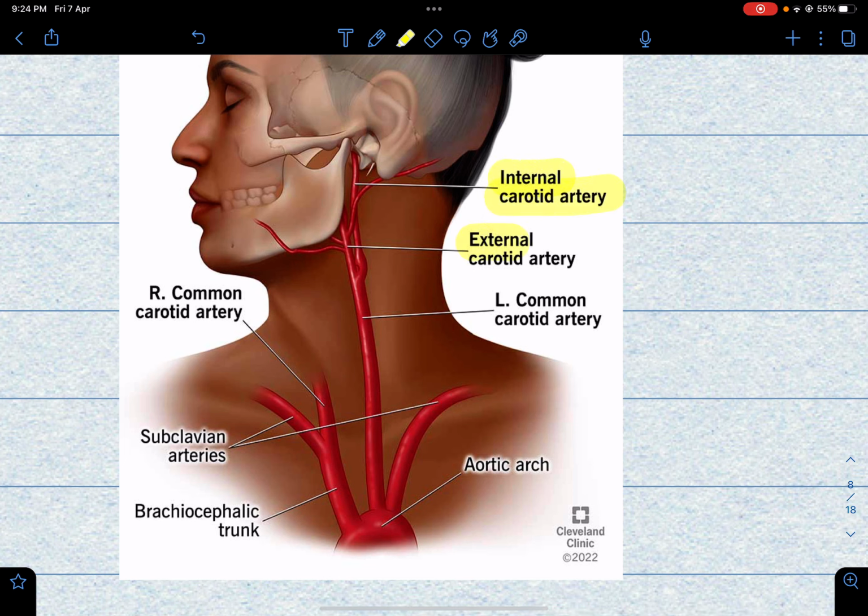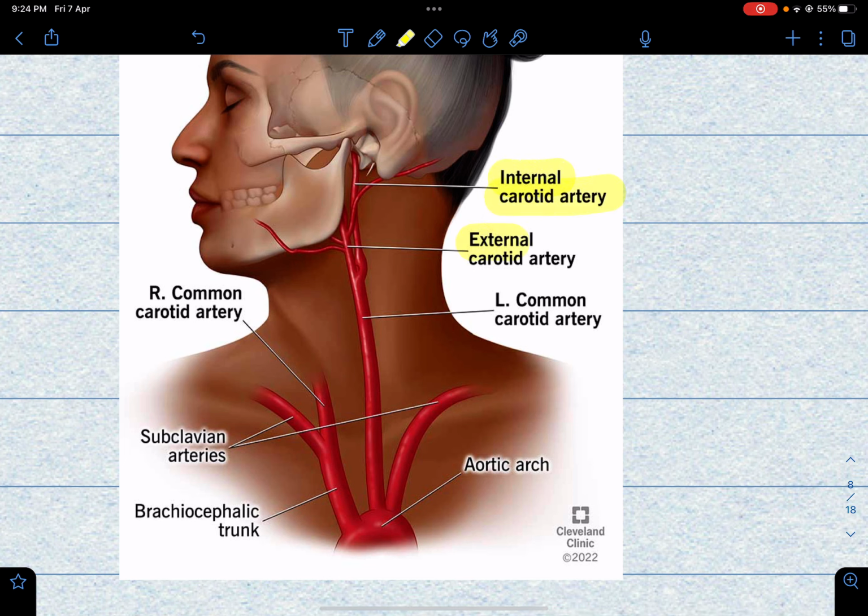So let's revise this. The submental group: anterior digastric muscles and the hyoid bone. The hyoid bone is inferior, and the digastric muscles are between or lateral. Superior is going to be the mandible. The submandibular group: laterally is the anterior belly of the digastric muscle, inferiorly the posterior belly of the digastric muscle, and superiorly the body of the mandible.